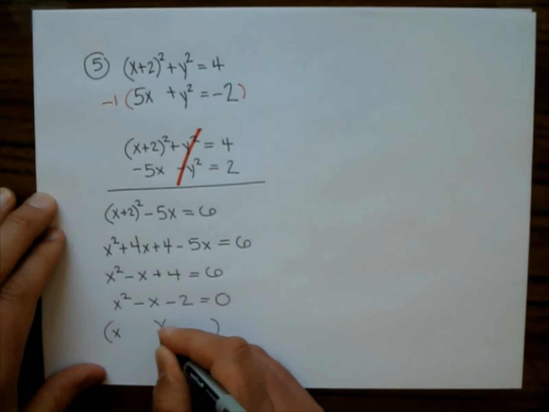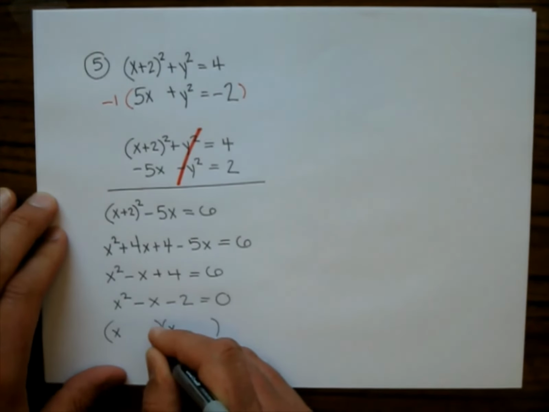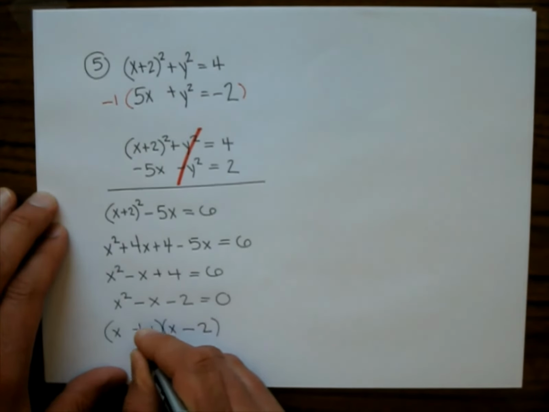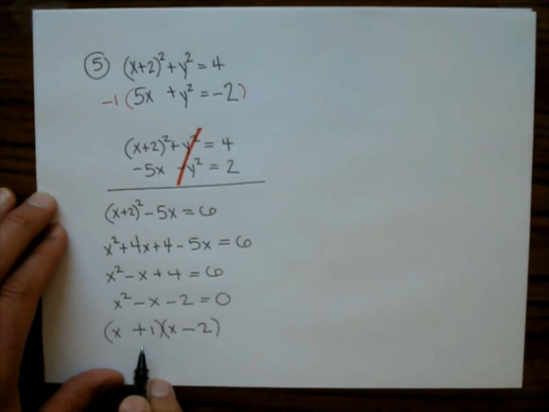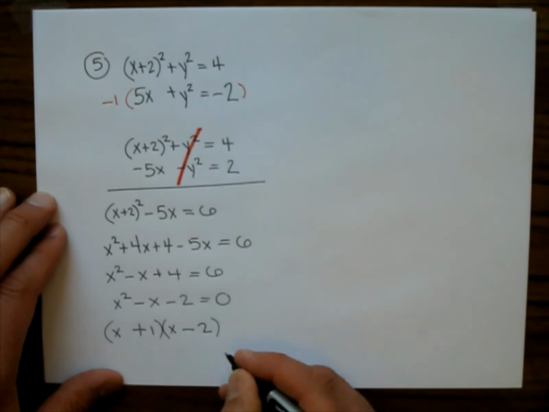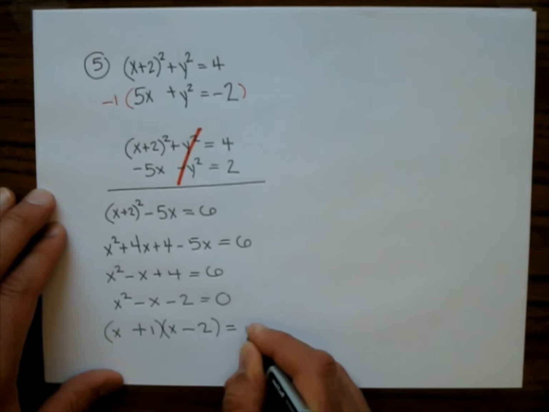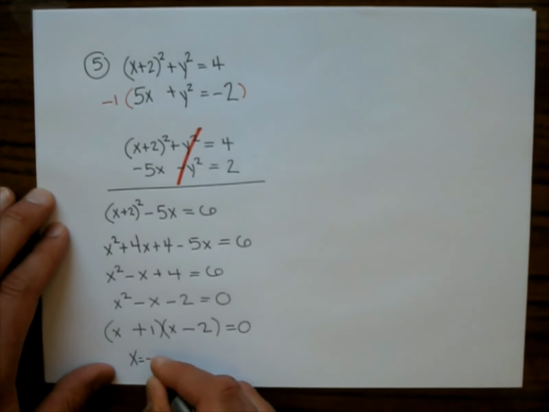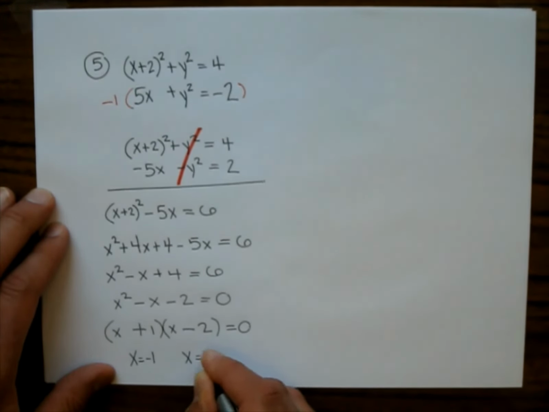So I have x, and let's see, I have a 1 and a 2. I want that to be negative and that to be positive. We can go ahead and multiply that out and see, yep, that gives me what I'm looking for. So this gives me x equals -1, x equals 2.